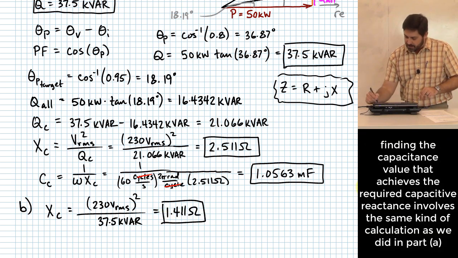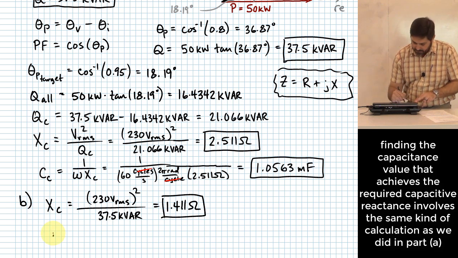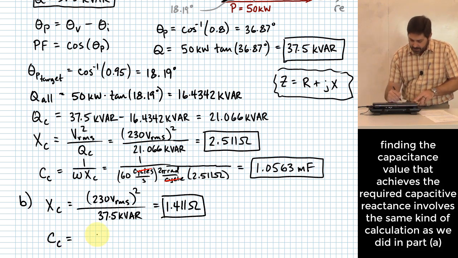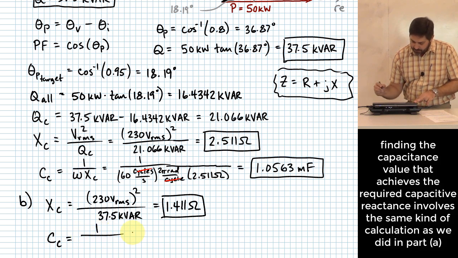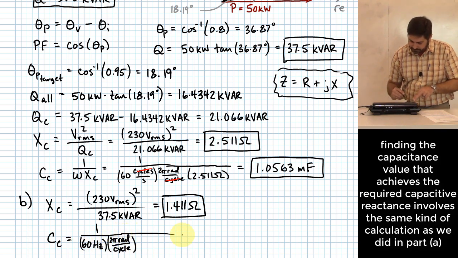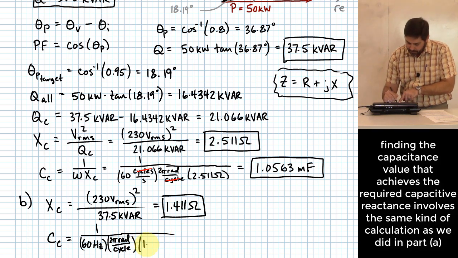But why do I need that number? So that I can find C sub C for this case. For this case, it's going to be 1 over 60 hertz times 2 pi radians per cycle. Now here I'm going to put in my 1.411 ohms.